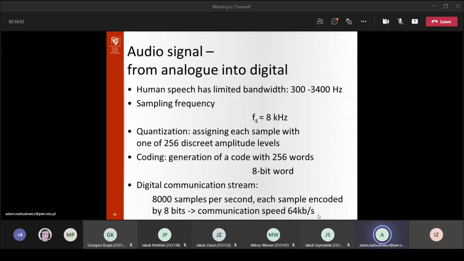So you take the analog signal, you sample it with double the frequency, and then depending on how much quantization you want to have, which will typically be a power of 2 for binary signals, you do coding, generating a code of 256 words, which is 8 bits per word. So you multiply the sampling frequency by the number of bits per word. I hope this is more or less clear.